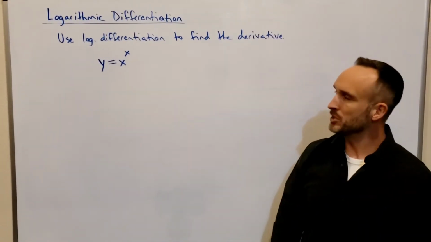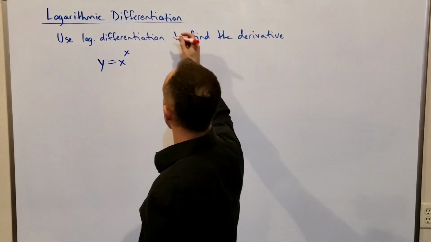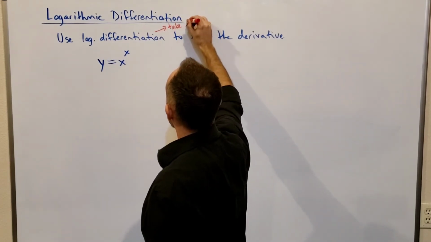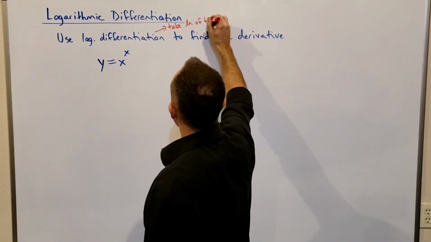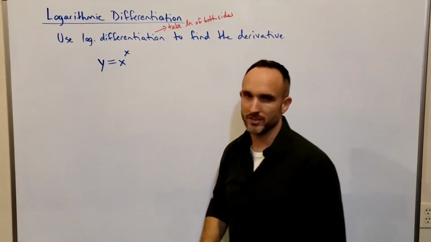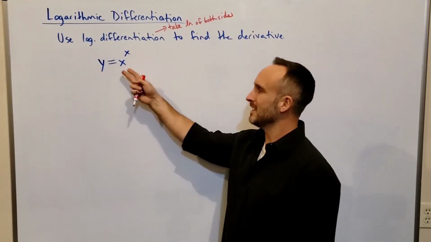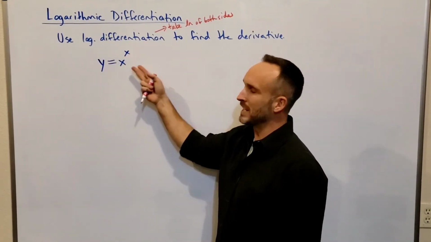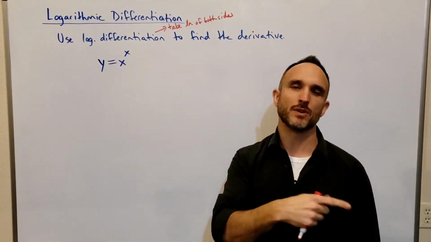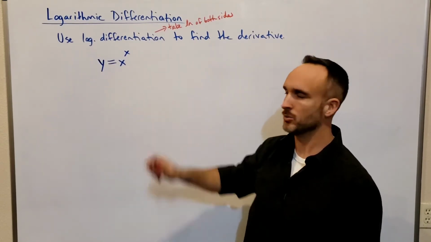When you start any logarithmic differentiation problem, you begin by taking the natural log of both sides. That's before you do the derivative, because that's going to allow you to rewrite the expression on the right-hand side using logarithm laws, and then you can differentiate to solve for, in this case, dy/dx, to get the derivative.